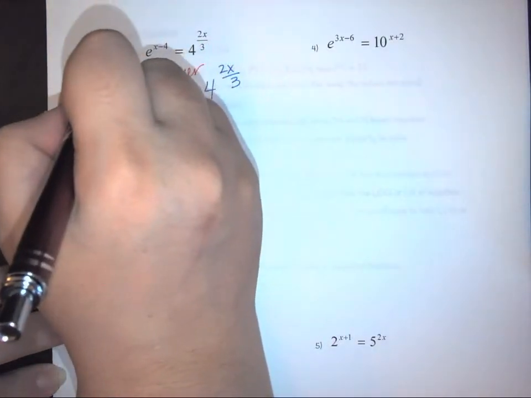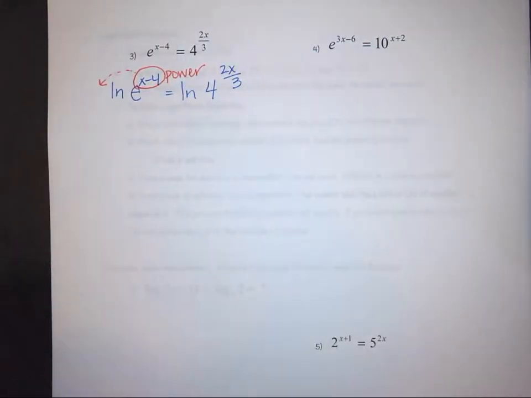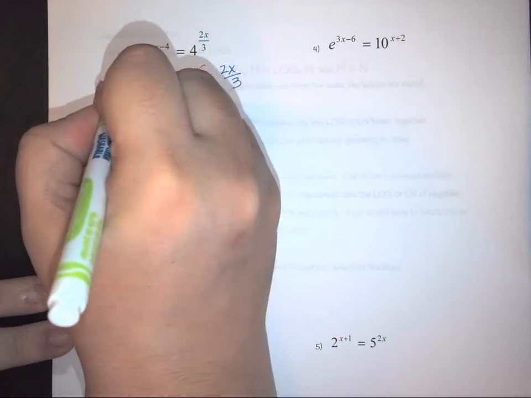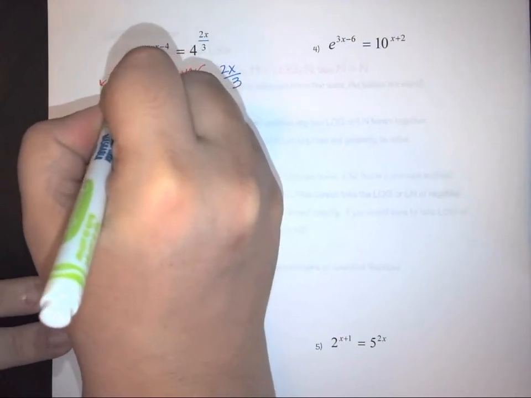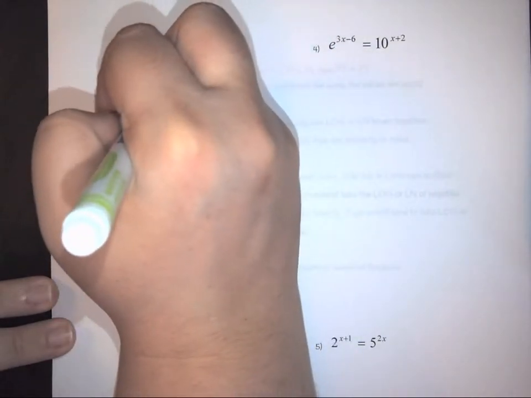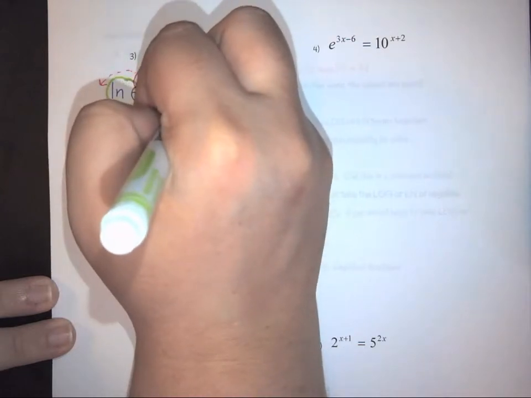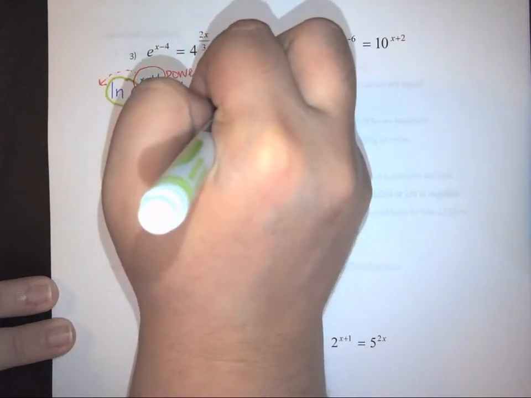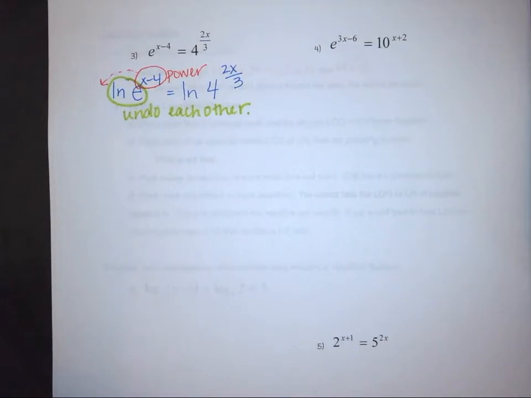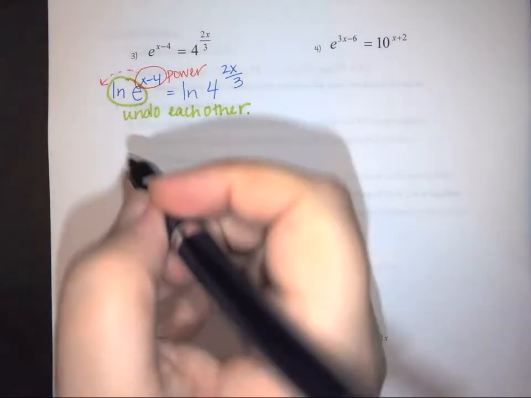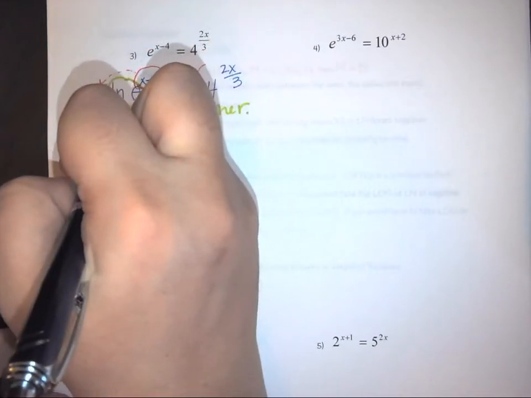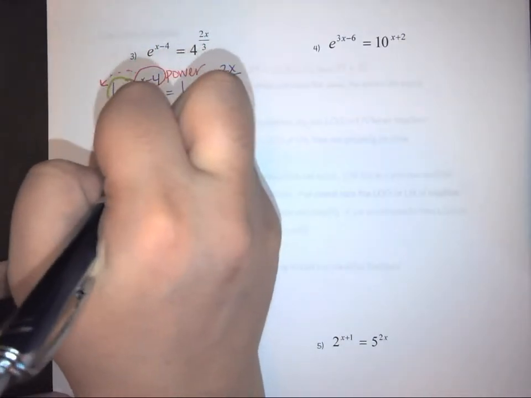So powers come straight down here. And then the other thing we know is that the natural log and e are going to undo each other, thus removing e from my problem, and on this side just simply leaving us with x minus 4.